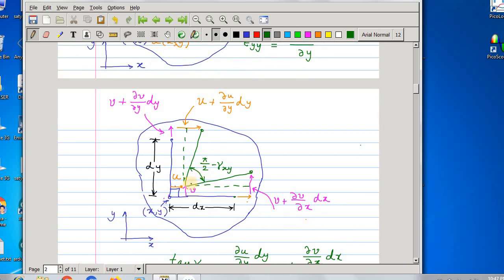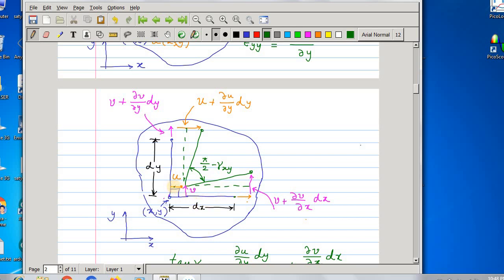And for gamma xy, you just take these two lines. The length of this line is dx and the length of this line is dy, and this is 90 degrees. Before deformation this was the point, and after deformation it goes here. So this is u and this is v, and this end goes here.